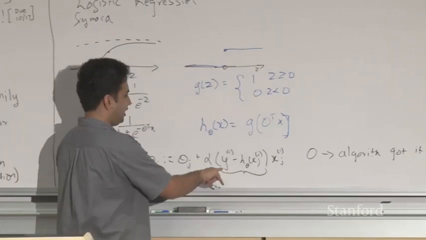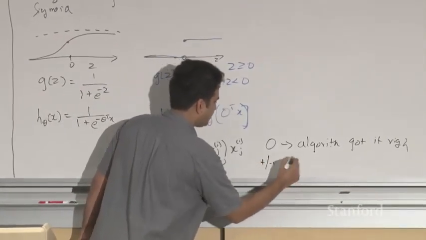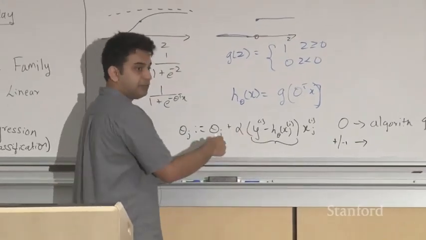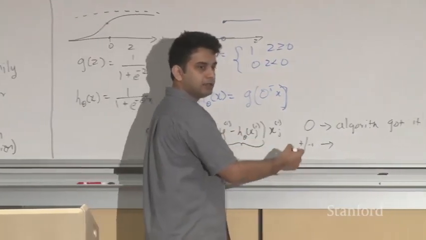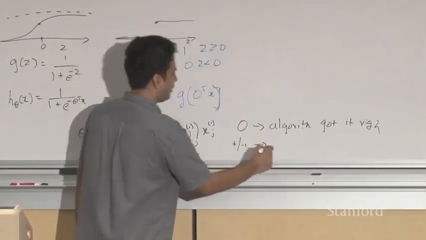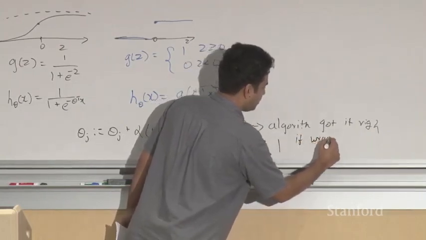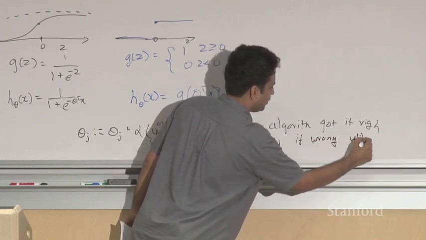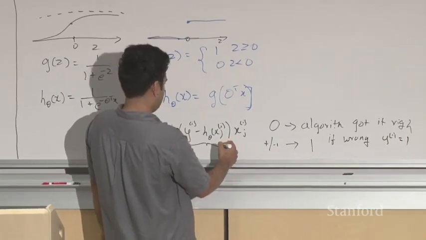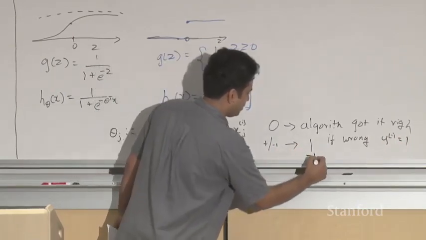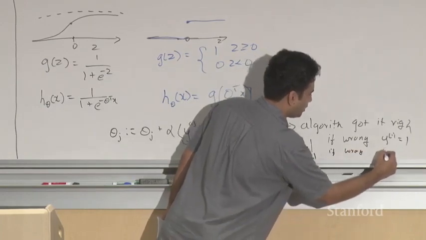And it will be either +1 or -1 if it was wrong: if the ground truth was 1 and the algorithm predicted 0, this will evaluate to 1, and similarly it is -1 if wrong and yi is 0.